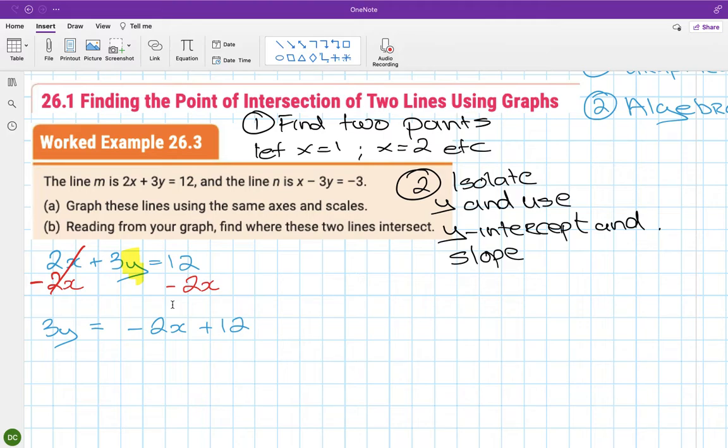Then I divide by 3, divide by 3, divide by 3, and I get y equals minus 2 over 3 x plus, and 12 over 3 is 4. So that's the first one.